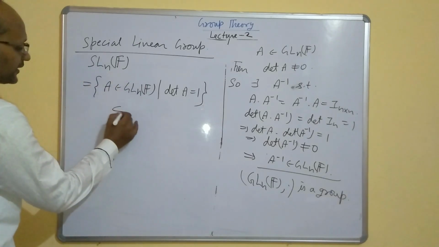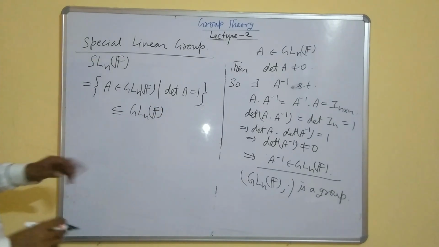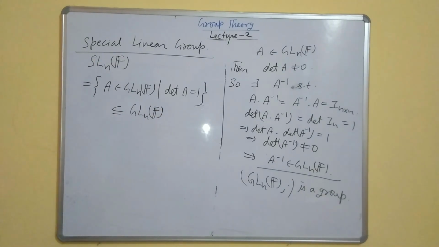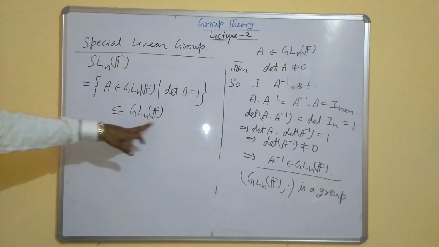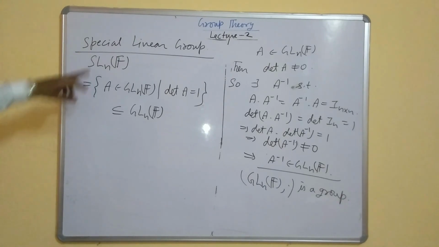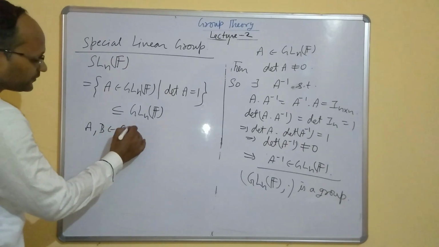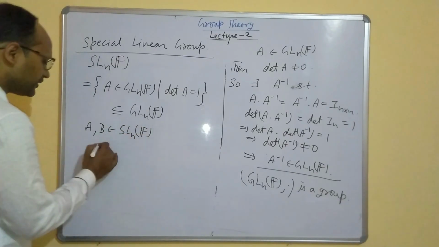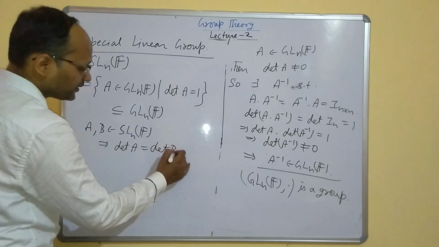So one thing is clear, that this is a subset of GLnF. Because the associativity with respect to multiplication is there in GLnF, the associativity of multiplication is also there in SLnF. And one more thing, if I take A, B in SLnF, then the determinant of A is equal to the determinant of B is equal to 1.